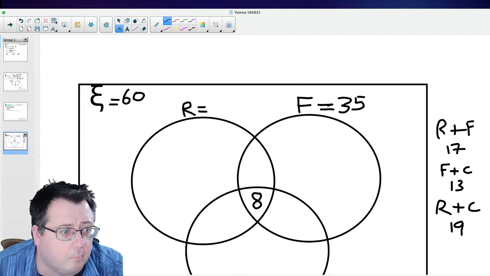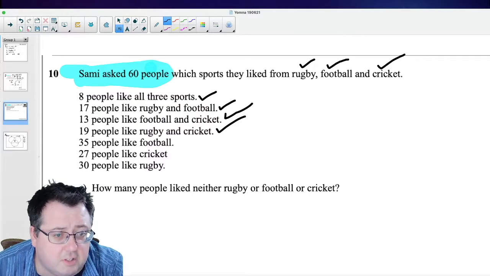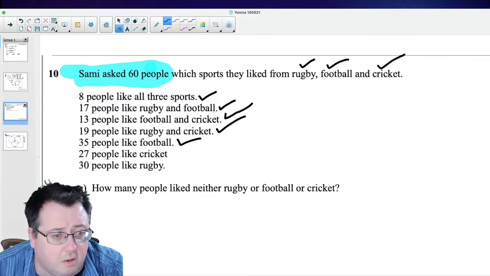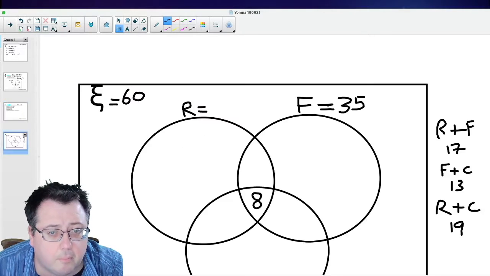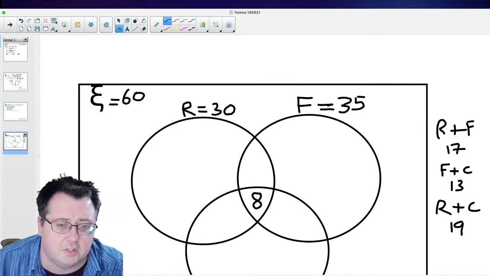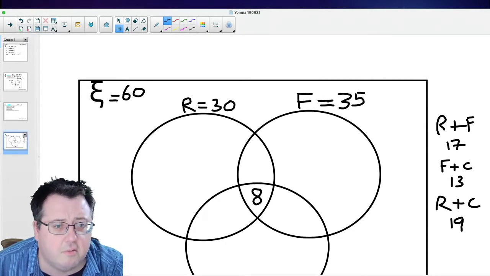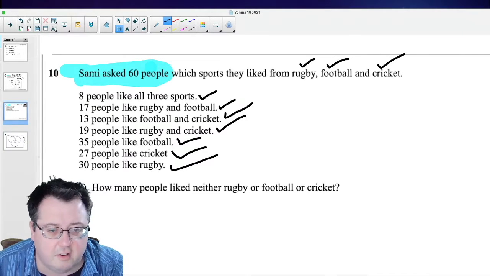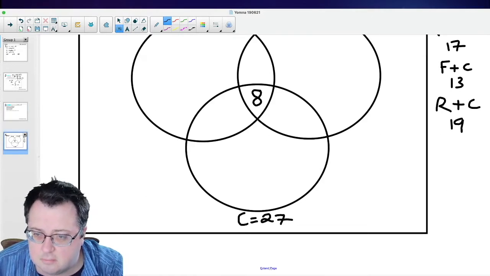Next is 27 people liking cricket. And then 30 people like rugby is at the top. Okay. So we now have to check how many people like neither rugby, football or cricket. So they want to know what the n is here in the bottom right.